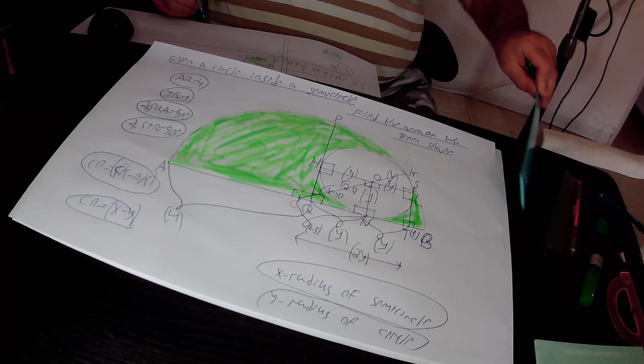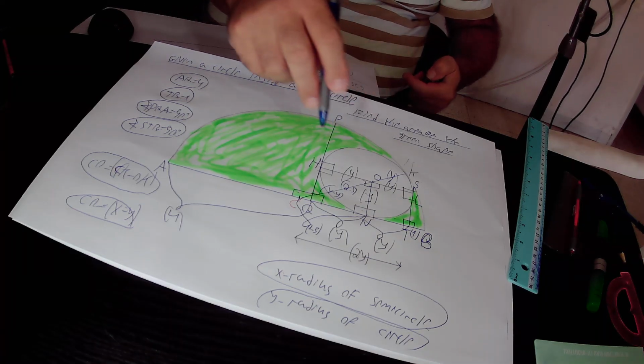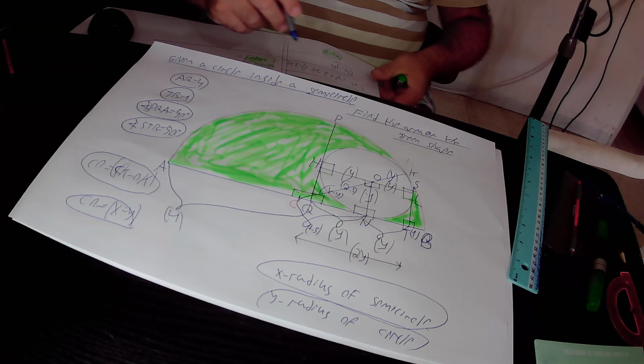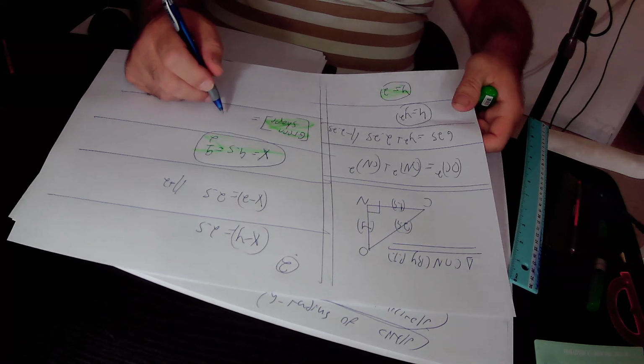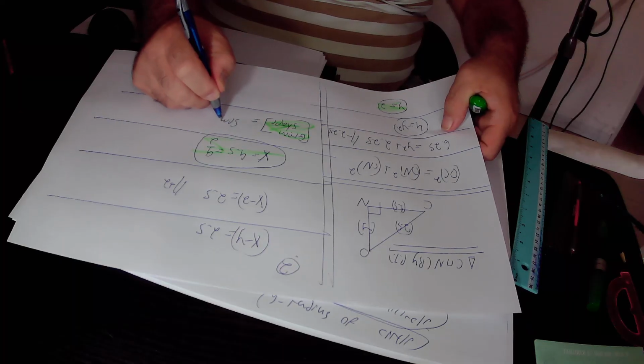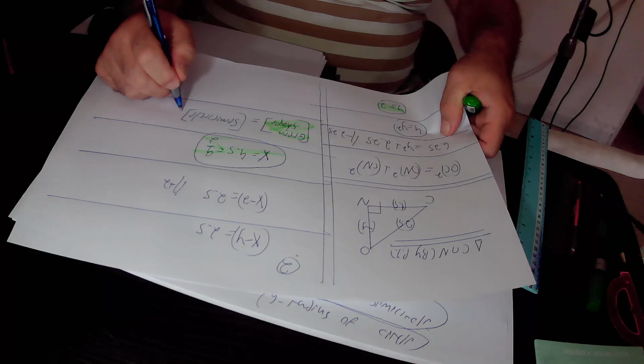From the drawing, it is very easy to see that the area of the green shape in total equals the area of the big semicircle minus the area of the small circle.